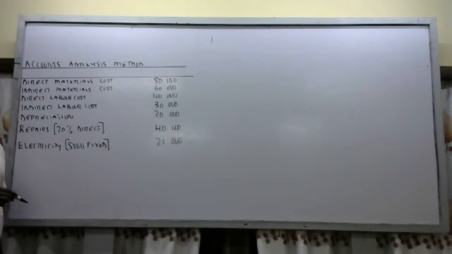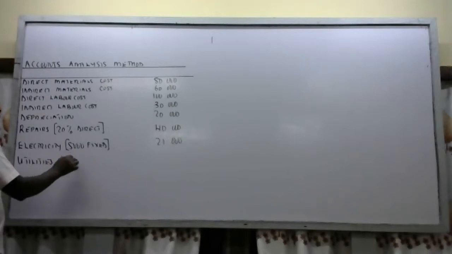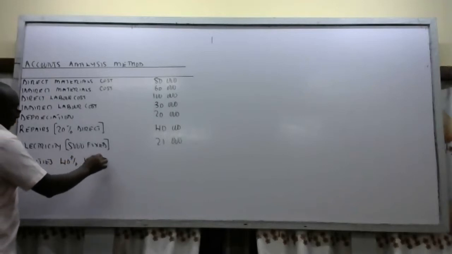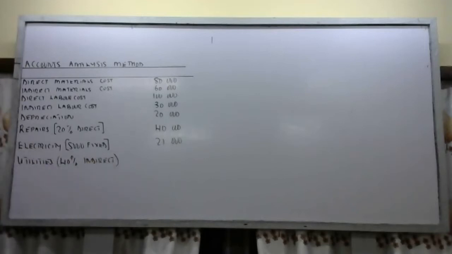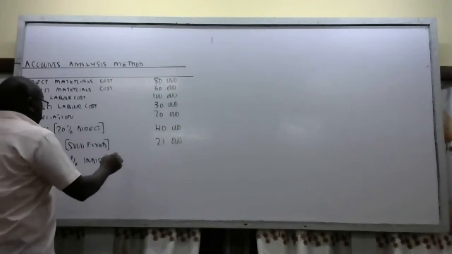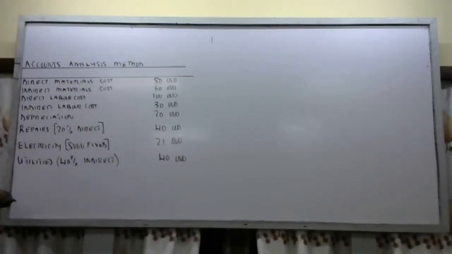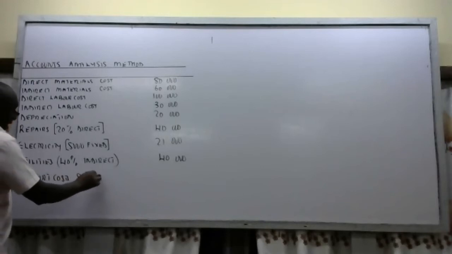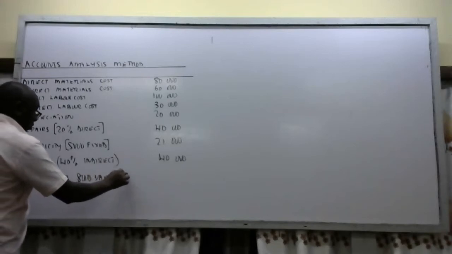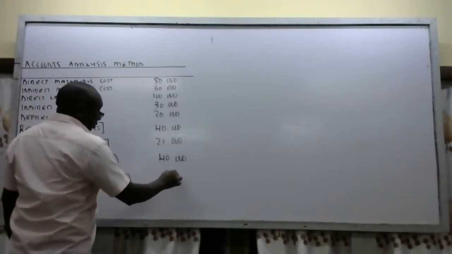Utilities, 40% indirect, 40,000. Support costs, 8,000 variable. Total is 15,000.